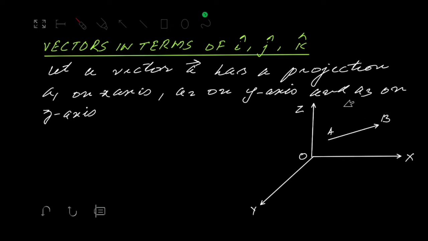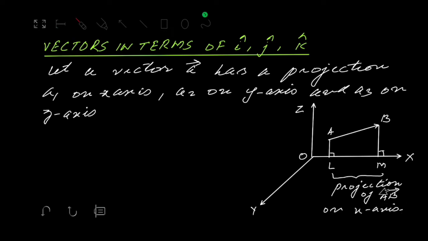If we drop perpendiculars from A and B on x-axis, suppose AL is a perpendicular from A on x-axis and BM is a perpendicular from B on x-axis, then the length intercepted between these two perpendiculars is said to be the projection of vector AB on x-axis.